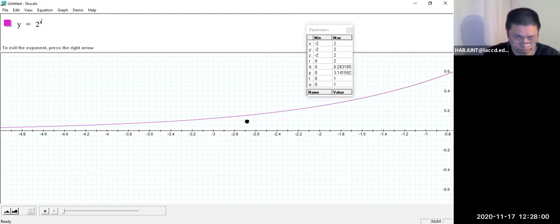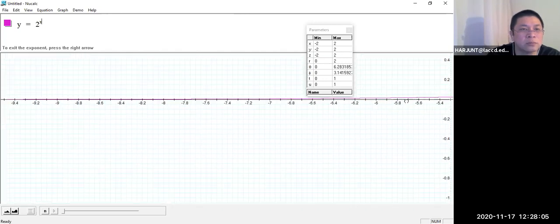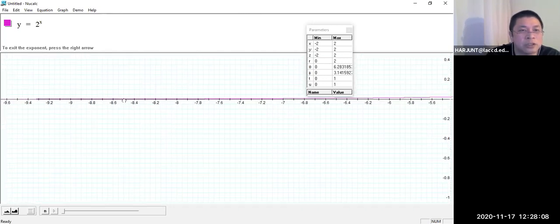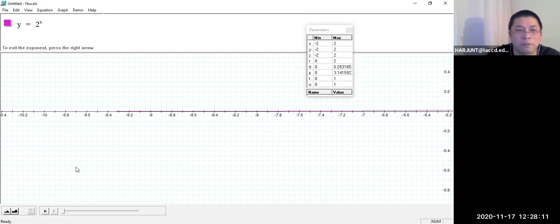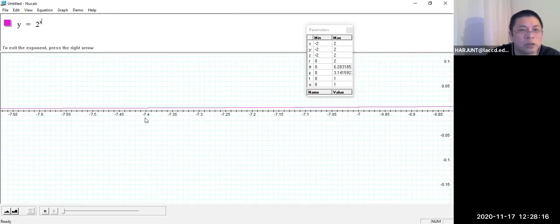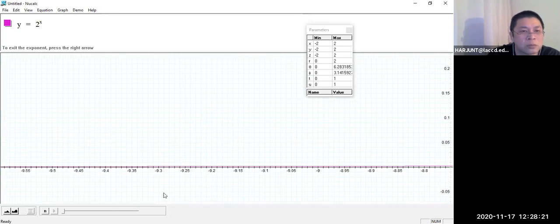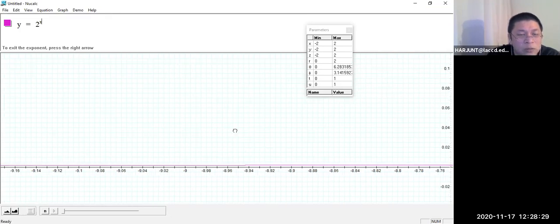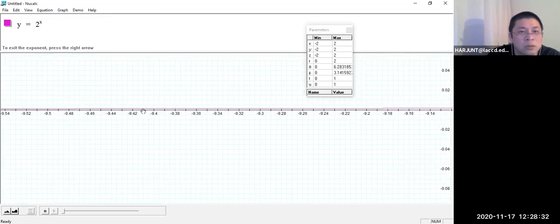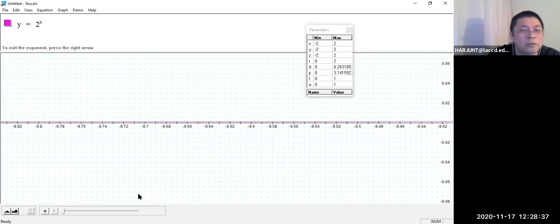It seems like it's touching, but it's not. It seems like it's touching at y equals negative 9.3, but if I zoom further, you will see it's not touching. It's very, very close, but it's not. So we confirm that.